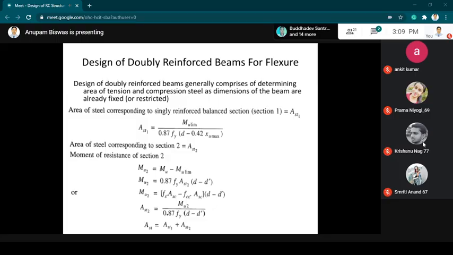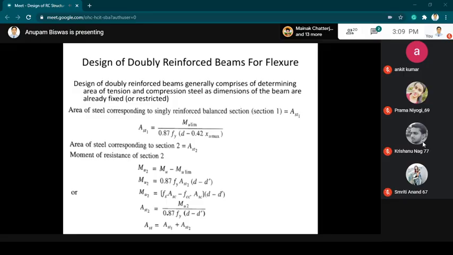So the concrete there will be subtracted. So that is why the minus value is here, minus FCC into ASC into d minus d dash. Small d is, we know, not the overall depth, sorry, the effective depth, and d dash is the effective cover of the compression zone reinforcement.